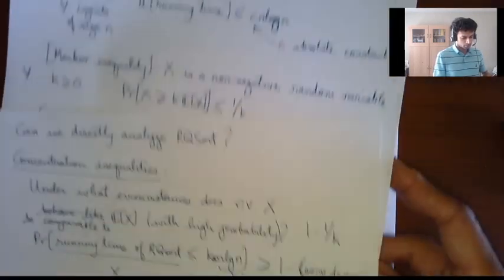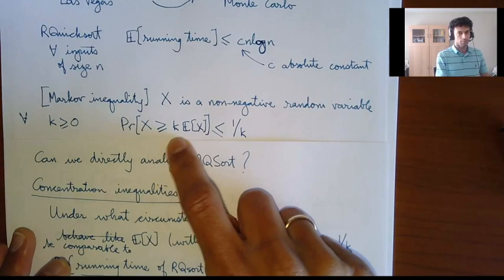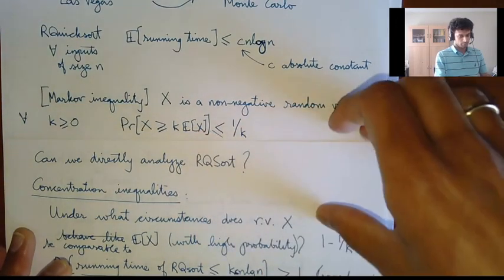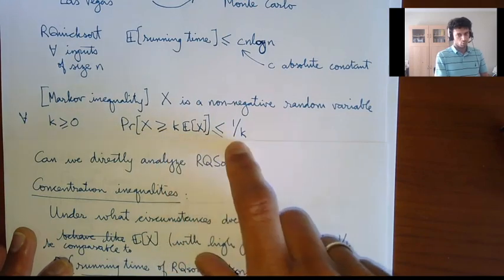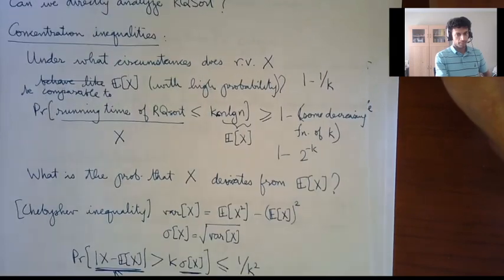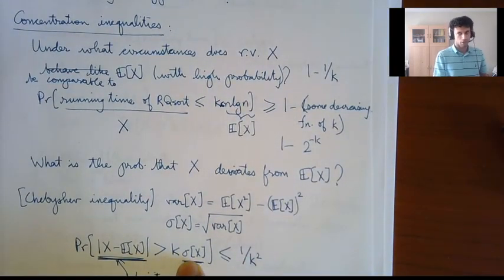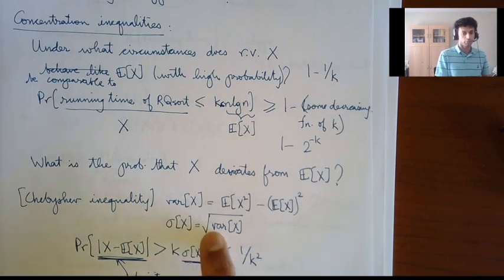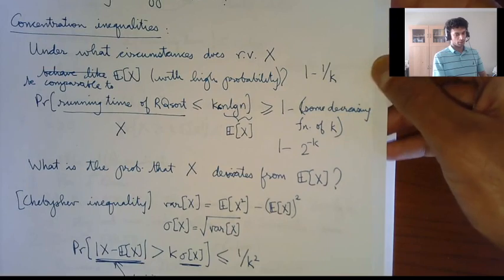The Markov bound says deviation in terms of just the expectation. And you have a k and a 1 over k. The Chebyshev inequality says express the deviation in terms of the standard deviation, not just the expectation. So you need more information. You need to know what the variance is or the standard deviation, and you get a k and a 1 over k squared. Okay, so this is the Chebyshev inequality.